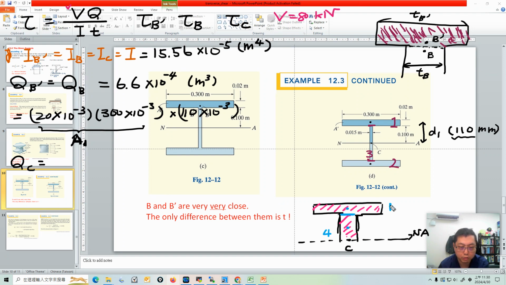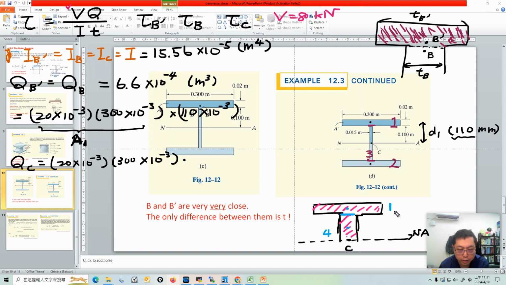Let's start with this one first, because we already calculated the area of area 1. We just calculate 20 times 10 to the power minus 3, 300 times 10 to the power minus 3. And this is A1. So what's Y1? What's the distance between the neutral axis and the centroid of area 1?